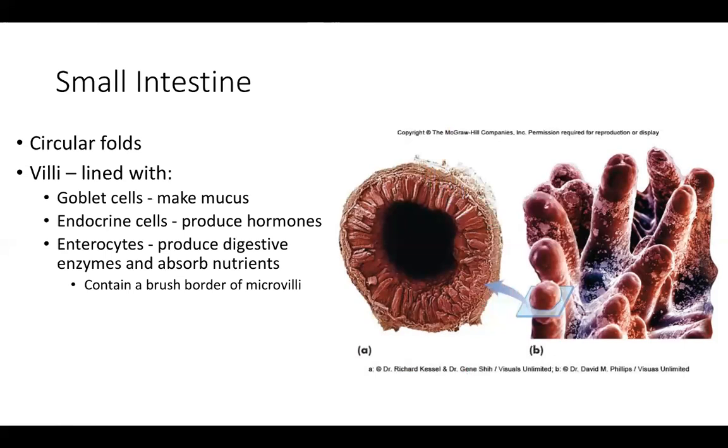The physical structure of the small intestine is crucial to its function, and the combined folds of the intestine, the villi, and the microvilli increase the surface area of the small intestine 600 times what it would be without this structural component.